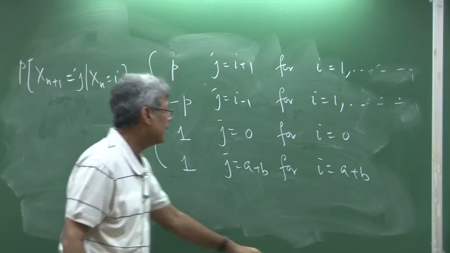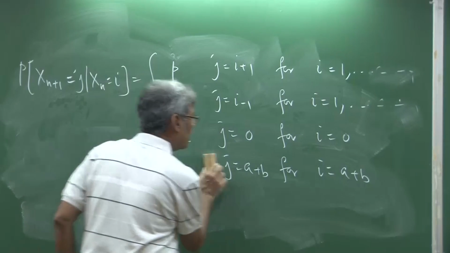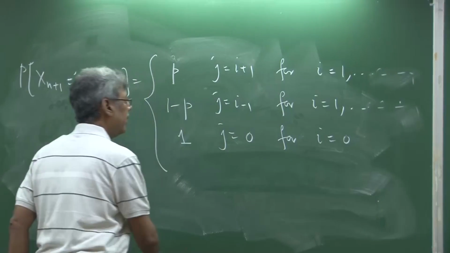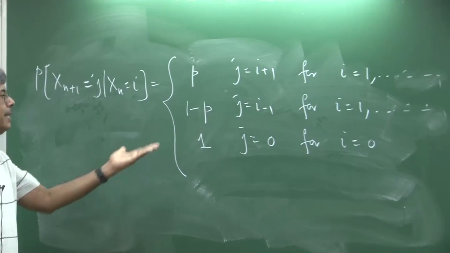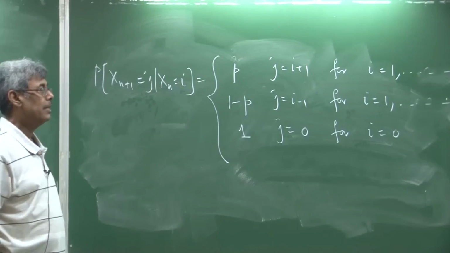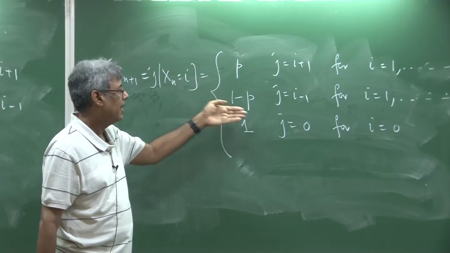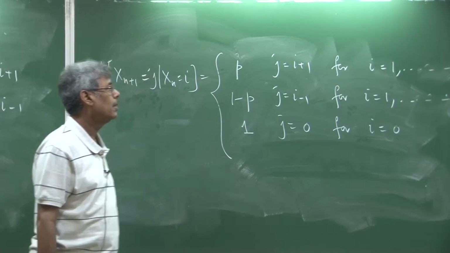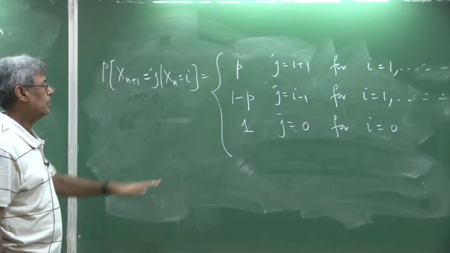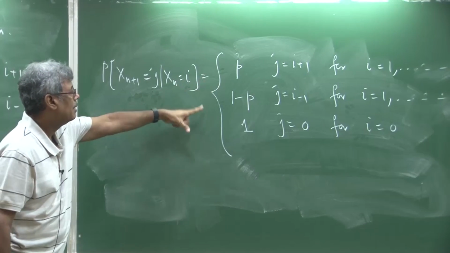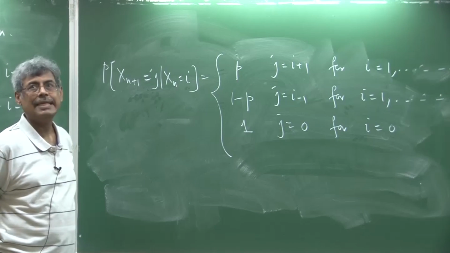And you can see that I do not have this one anymore because i can be infinity actually. i is not finite. So, it is p, 1 minus p, and if i is equal to 0, your j has to be equal to 0, otherwise 0. So, this is the transition probability matrix in that case.